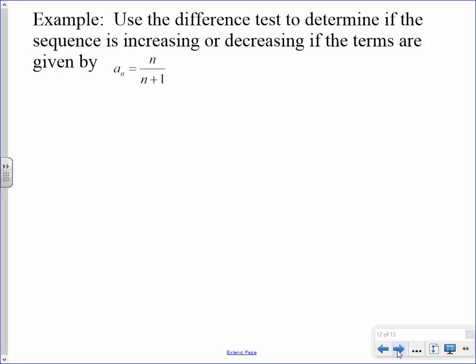We're first going to use the difference test. We need to look at a sub n plus 1 and subtract a sub n.